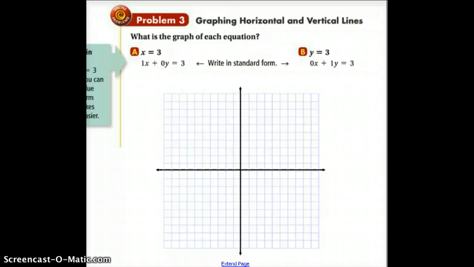In this lesson, we also talk a little bit about horizontal and vertical lines. Now, you know a horizontal line has a slope of 0, and a vertical line has a slope that we call undefined. So, when you see something like x equals 3, that is technically an equation of a line. It's in standard form.